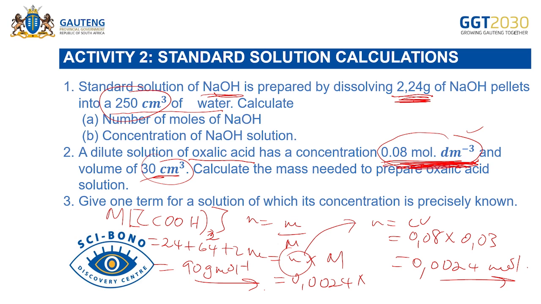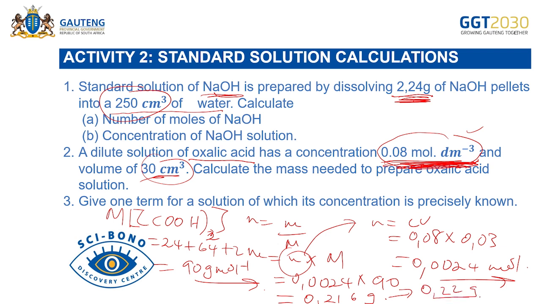So 90 times 0.0024. So I'm having what here as the mass? 0.216 grams, or 0.22 grams if we are rounding off to two decimal places.